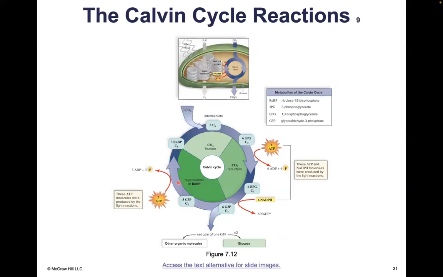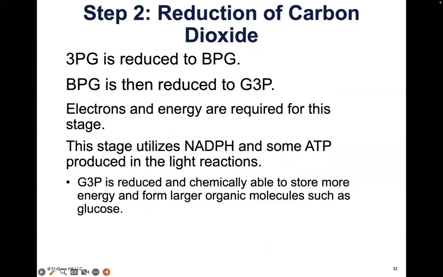This is actually a very complex system, but we just have to know that in the reduction of carbon dioxide, the 3PG is reduced to BPG. And we need to understand as well that the BPG is then reduced also to G3P.